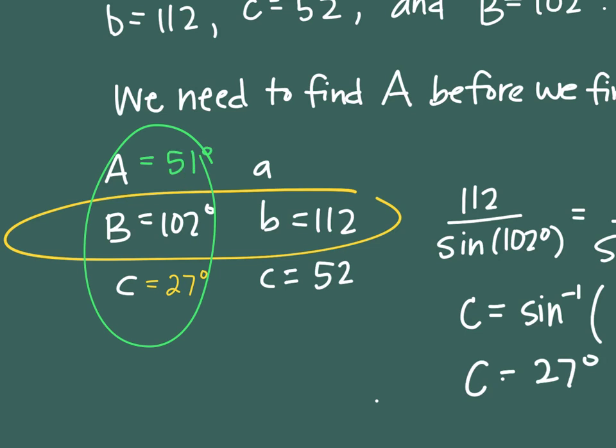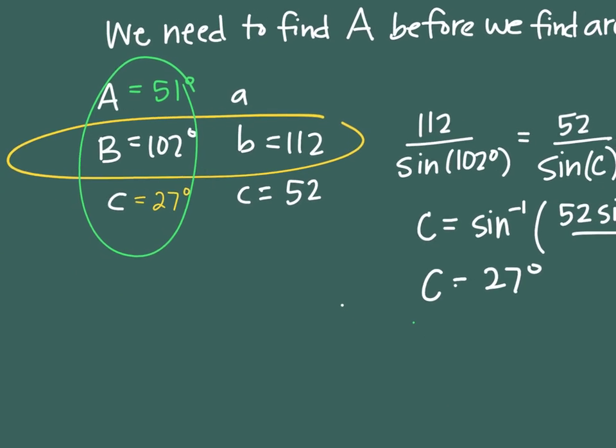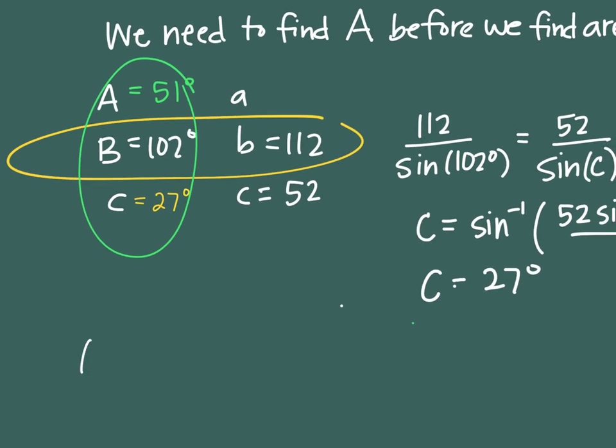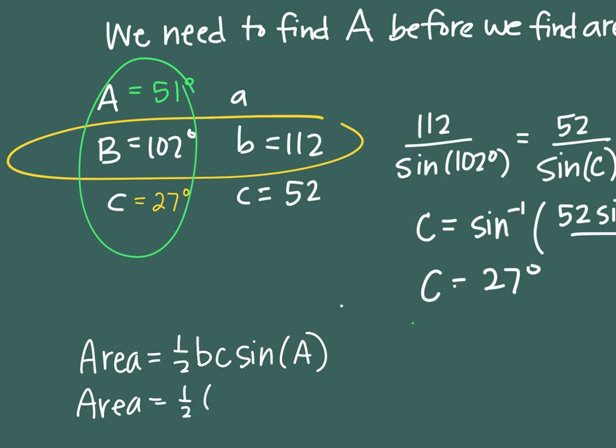Now that we have A, we can find area using the new area formula we just learned today. The area formula for this oblique triangle will be 1/2 bc sine A. So 1/2, b is 112, c is 52, and the sine of A, which worked out to be 51 degrees.